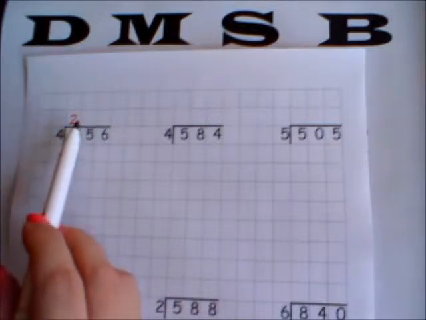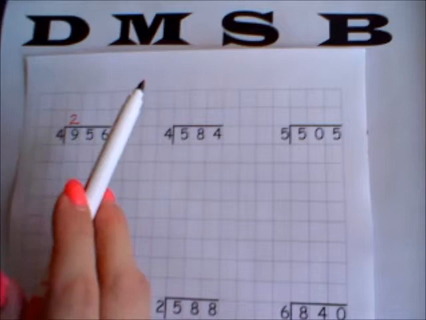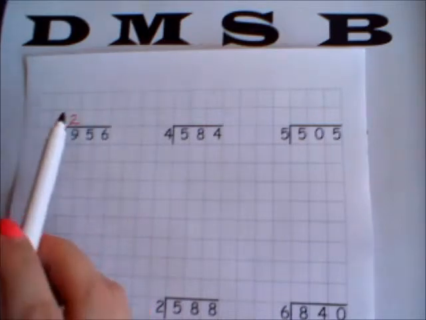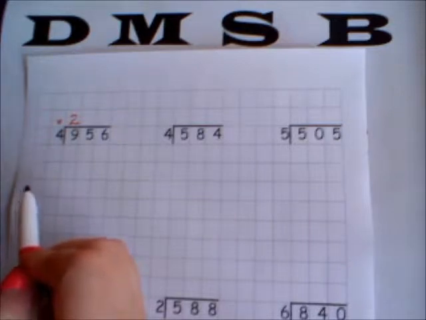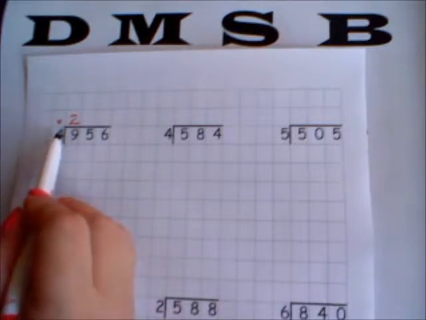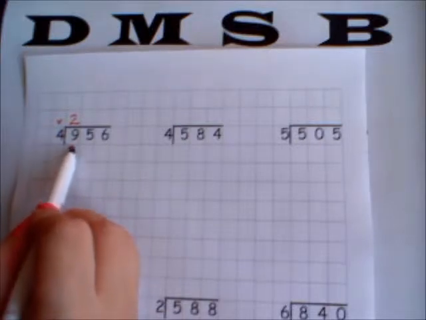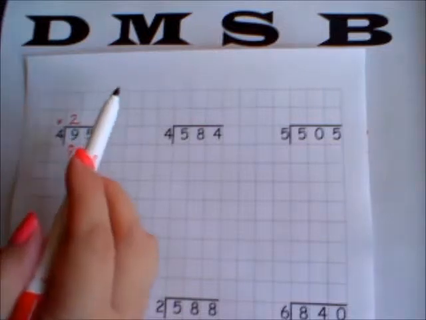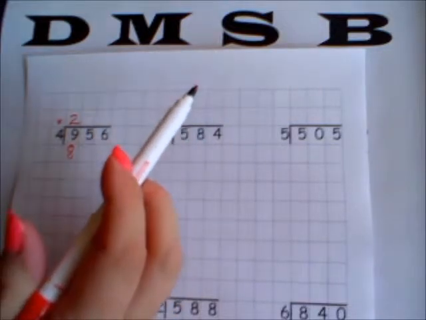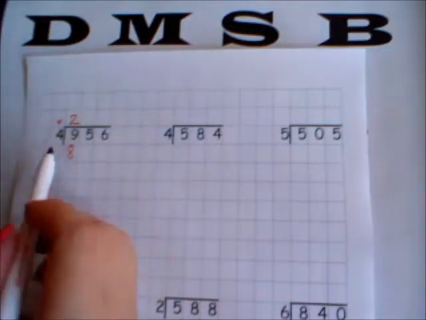Okay, so as I said, we divided the 4 into the 9, or 9 divided by 4 is 2. Now we're going to multiply 2, and if you want, you can put a little times symbol up here. It might help you to remember. 2 times 4 is 8. We're going to put that answer down here. Okay? Now we look back up at our DMSB loop, and our next step is to subtract. Okay?